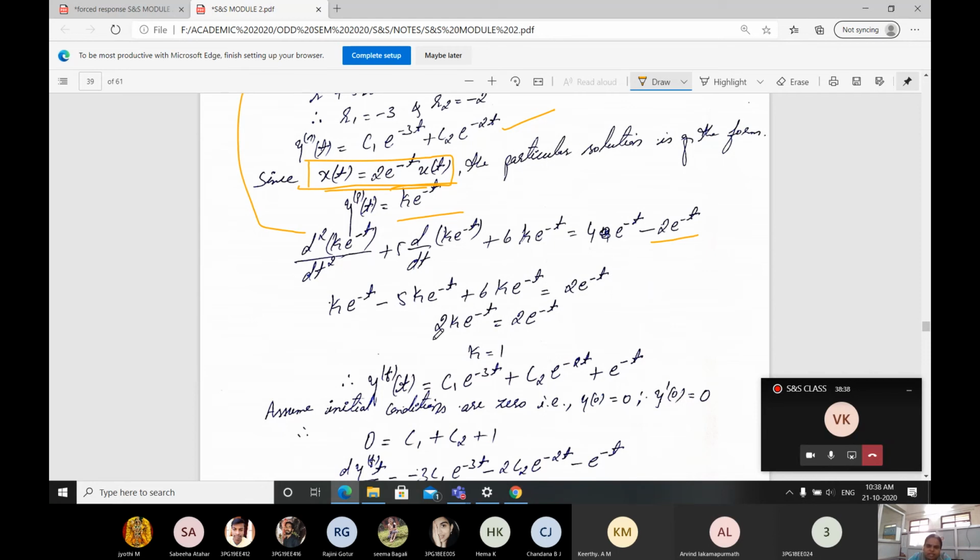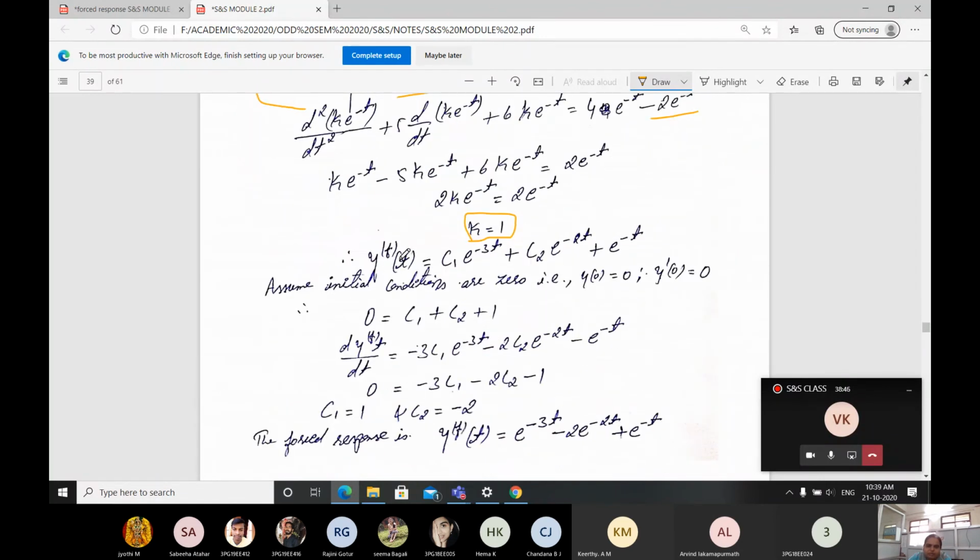Solve for this, you will be getting 2k e raised to minus t equal to 2 into e raised to minus t. You will be getting k value as 1. Therefore the forced response is going to be c1 e raised to minus 3t plus c2 e raised to minus 2t plus e raised to minus t. Then assuming the initial conditions as 0, therefore y of 0 is going to be 0 and y dash of 0 is going to be 0.